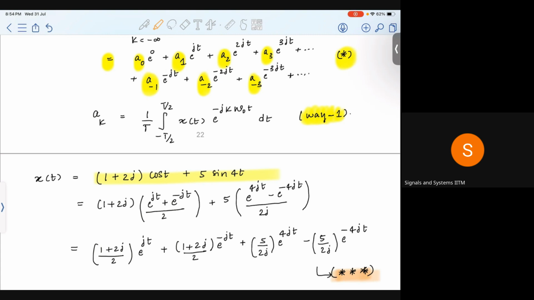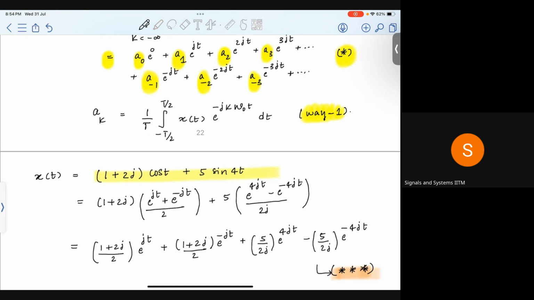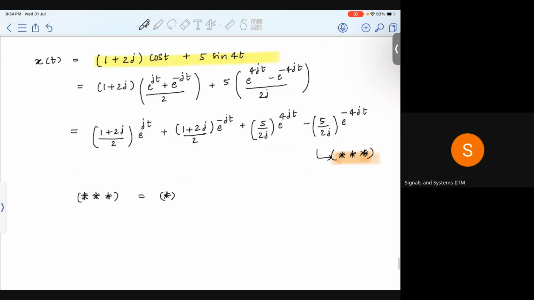Since e power jt, e power minus jt, e power 4jt, e power minus 4jt are valid exponential signals, in order for star and triple star to be equal, the coefficients should be equal. Coefficients being equal implies a1 is equal to 1 plus 2j by 2.